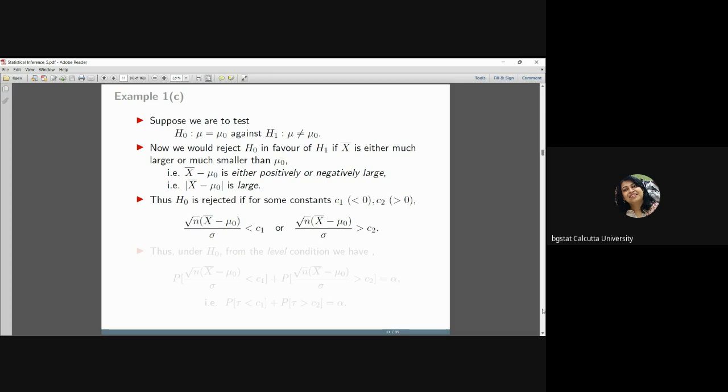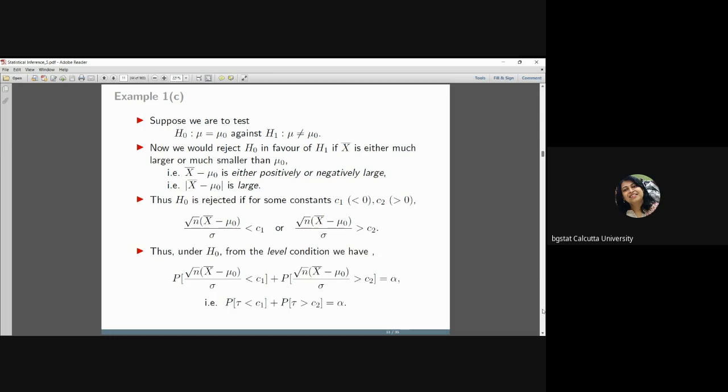So in this case, we will use a two-sided test. We will need two constants, C1 and C2, and we will reject for two situations. Either root n times (x bar minus mu naught) by sigma is less than C1, so this is the left tail, or root n times (x bar minus mu naught) by sigma is greater than C2, which is the right tail.